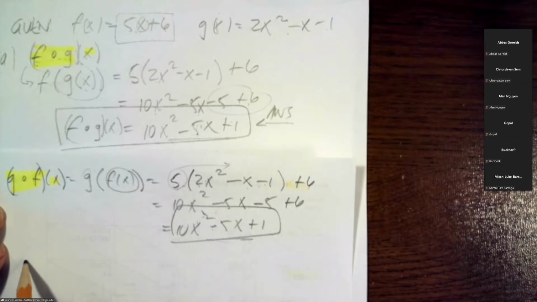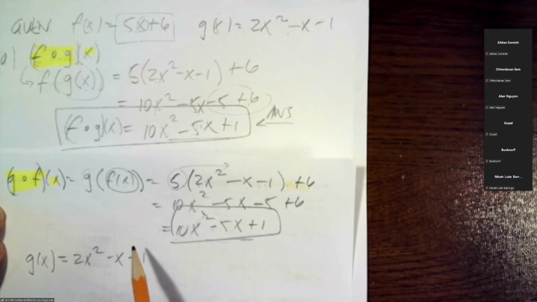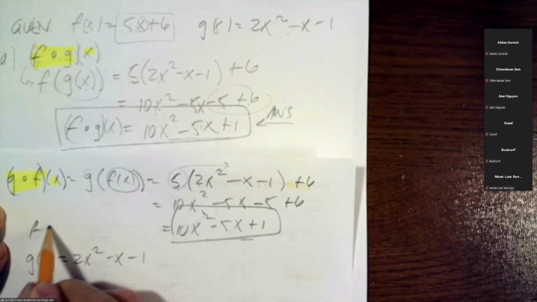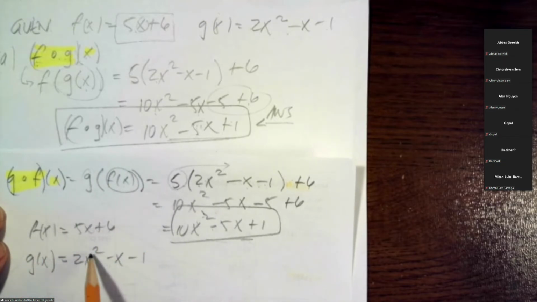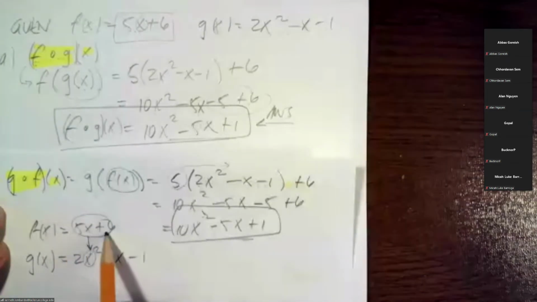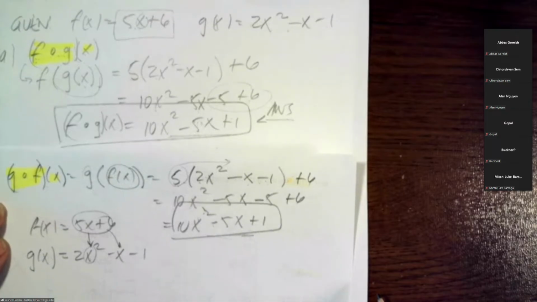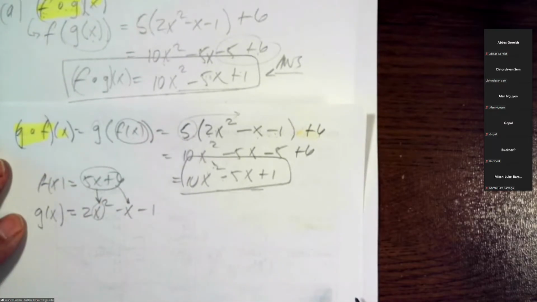Well, let's see, what was that g function? g of x equals 2x squared minus x minus 1, and f of x was, as we saw above, 5x plus 6. So everywhere we have an x here, we're going to plug in this thing. Correct? Everybody okay on that?